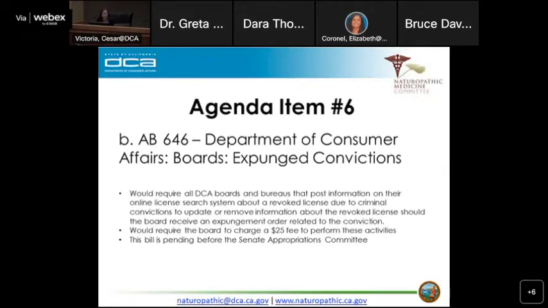There would be a $25 fee to perform these activities, so the staff would be getting compensated for the work, the resources that they have to provide to do that.